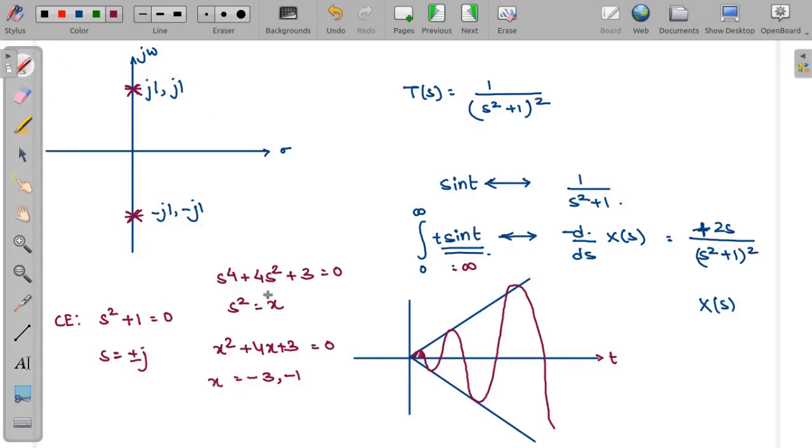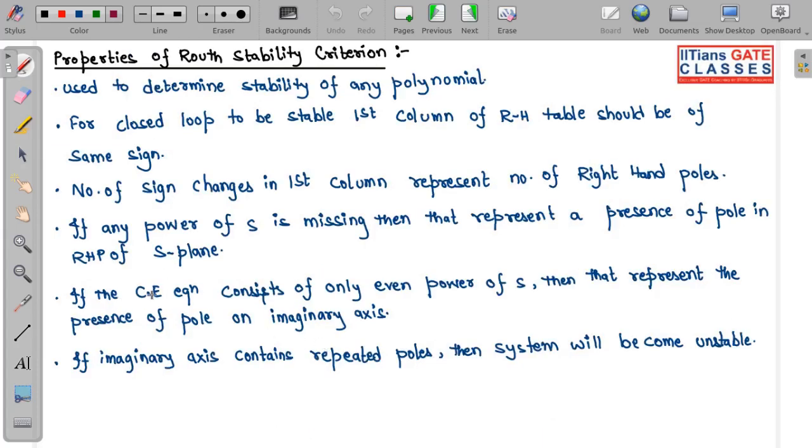Since x is s square, s will be equal to plus minus j root 3, plus minus j, because minus 1 under root is plus minus j. So you can see the poles are always lying on the imaginary axis. If your characteristic equation contains only even powers of s, then that represents that poles are on the imaginary axis.